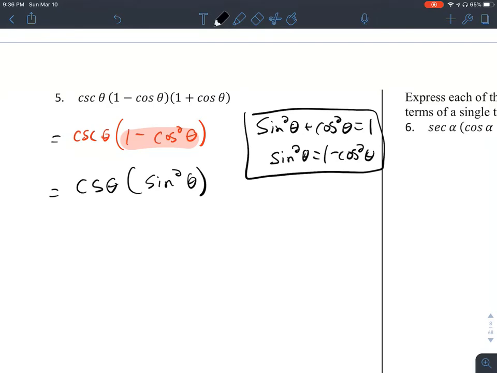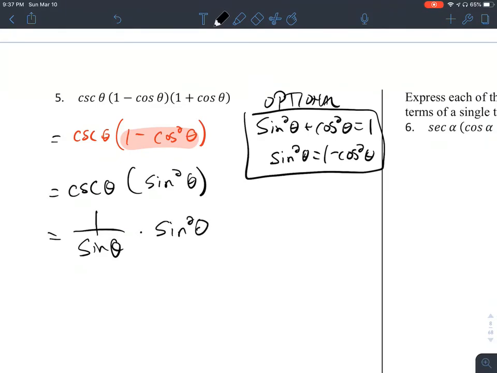Side work, this is optional. And then we can change cosecant. I miswrote this. We can write cosecant of theta as 1 over sine of theta. We can cancel a sine from the top and the bottom, and then this just equals sine of theta.